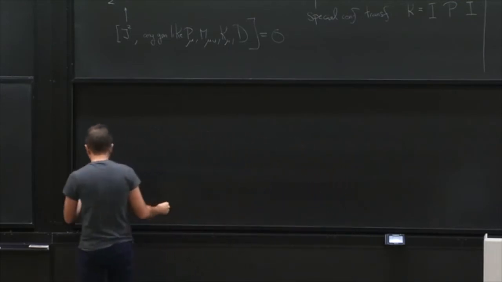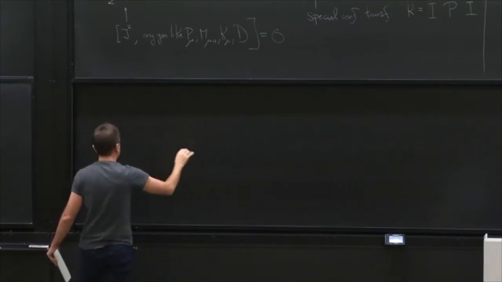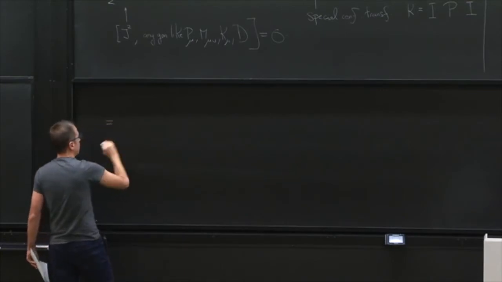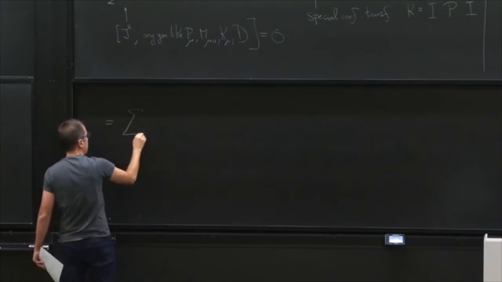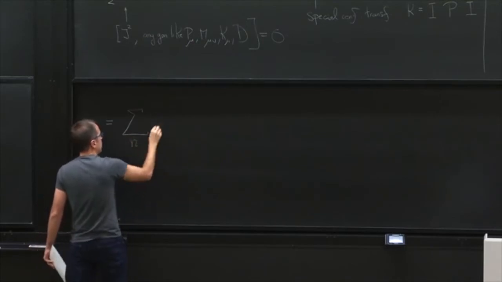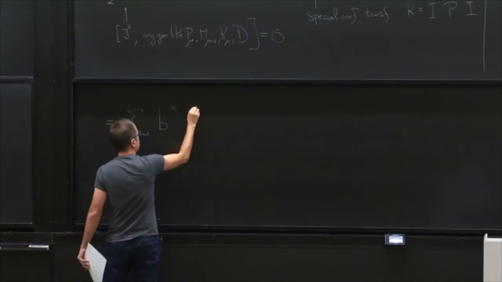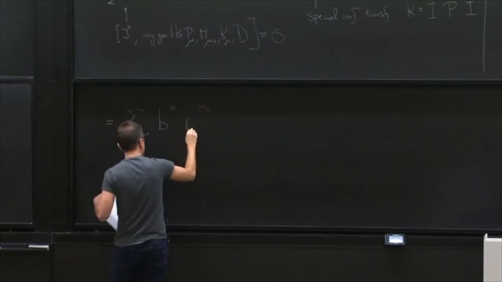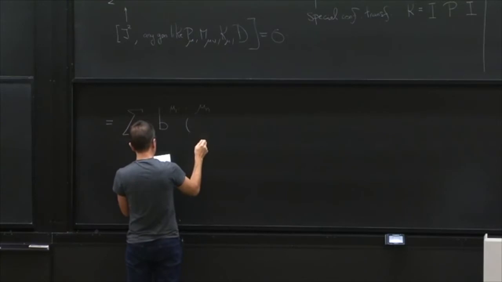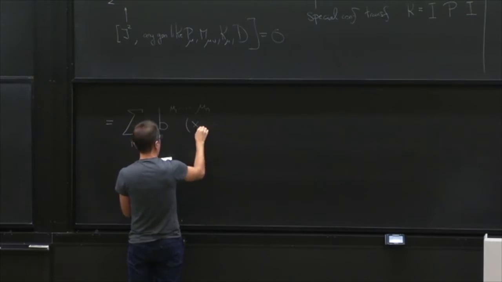Okay, so now let's continue that equation. So that's equal to what? Remember, the blocks were the sum over n of b mu1 up to mu n, a function of x3 minus x4, and then there was some derivative with respect to x3 mu1, up to derivative with respect to x3 mu n, and then the correlation function of the operator OK with the operators O1 and O2.